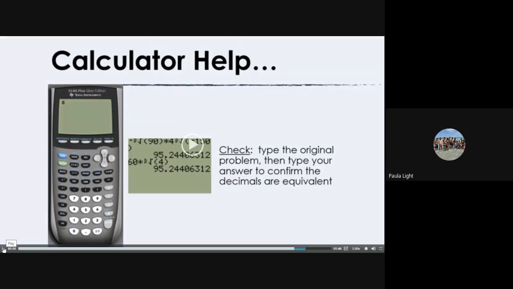So if you're taking a standardized test and they give you this problem and they say simplify this, multiply these rational expressions and simplify, you take the original problem and you type it into your Desmos, and it gives you an answer.